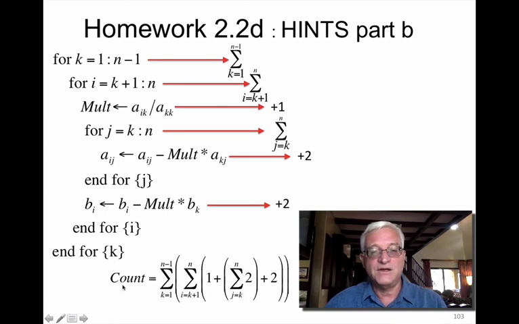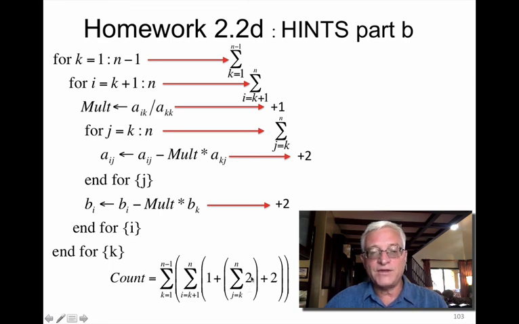So here it is. Our total count is going to be this outer sum of absolutely everything else that's below it. What's below it? Well, we have this sum here, and we have these terms, a 1, a sum, and a 2. And the sum is always adding up to floating point operations as it goes.